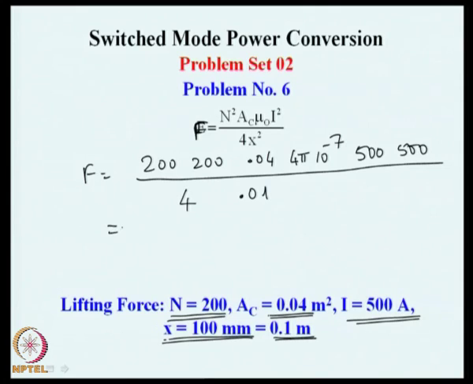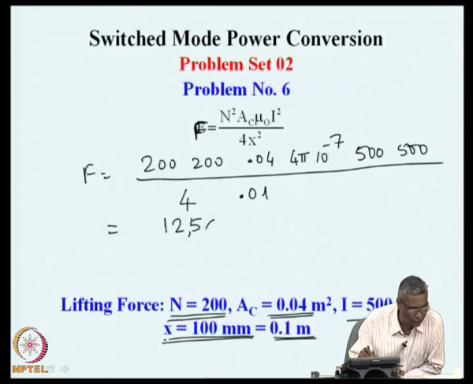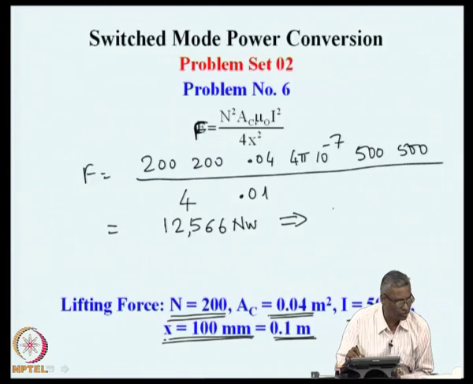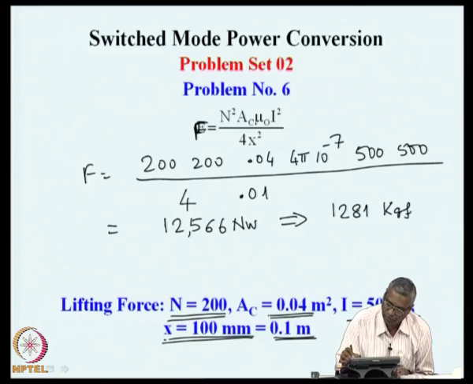So, if this is simplified and evaluated, it turns out to be 12,566 Newton, and because 1 kg force is g Newton, this is also equal to 1281 kg force.